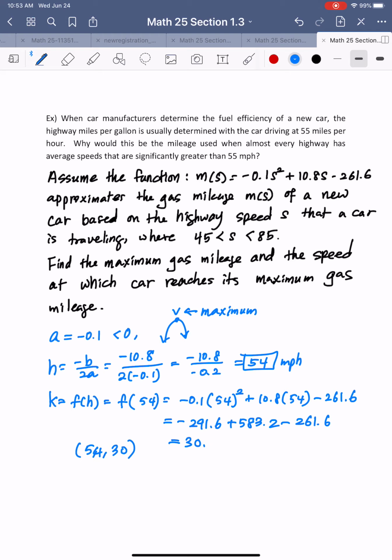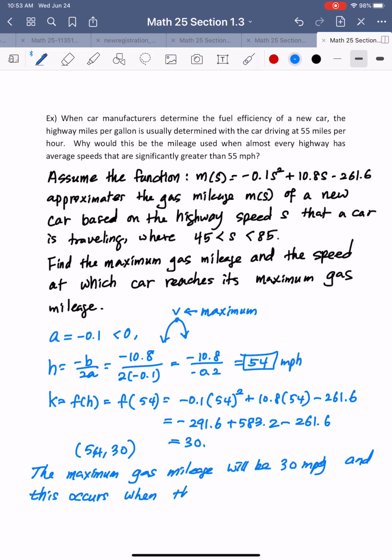So which means the maximum gas mileage will be 30 miles per gallon, and this occurs when the car is traveling 54 miles per hour.